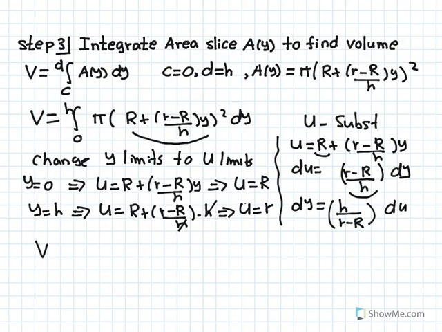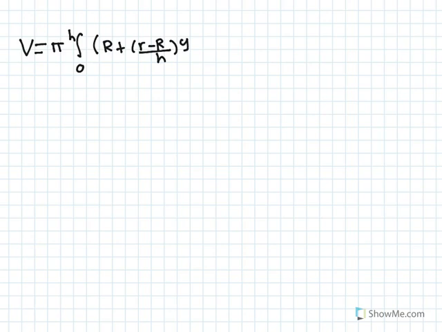So the volume is equal to pi times h over (small r minus capital R), integrated from capital R to small r, of u squared du. Now this is easier to integrate. Reviewing what we did, volume is equal to pi, integral from 0 to h, of (capital R plus (small r minus capital R) divided by h times y) all squared dy.